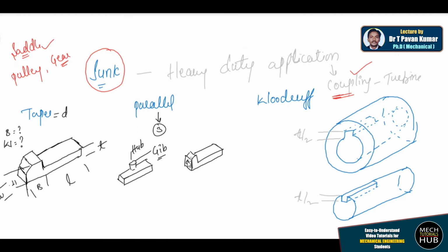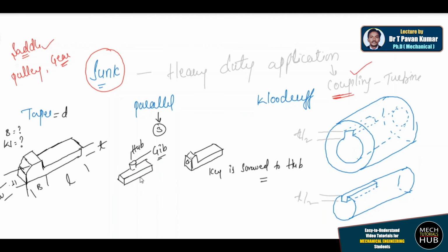Through this particular circular hole we can screw the key to the hub. This key is screwed to the hub. That is the main advantage, so there won't be any scope of it releasing when it is going to take heavy loads.